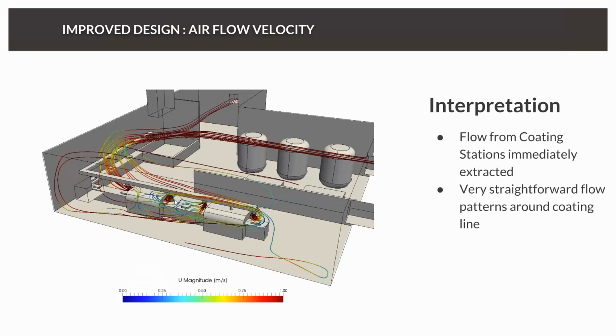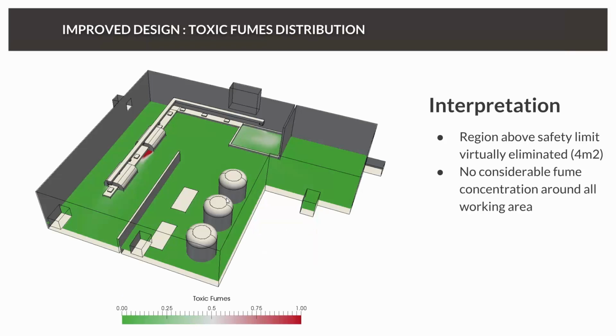And if we now take a look at the streamline, we can see that basically the fume is directly extracted, and even the fresh air from the other outlet is guided to the coating station and goes directly from the coating station into the local outlet. So this new design, or this new flow pattern, is very straightforward, and it's around the coating line.